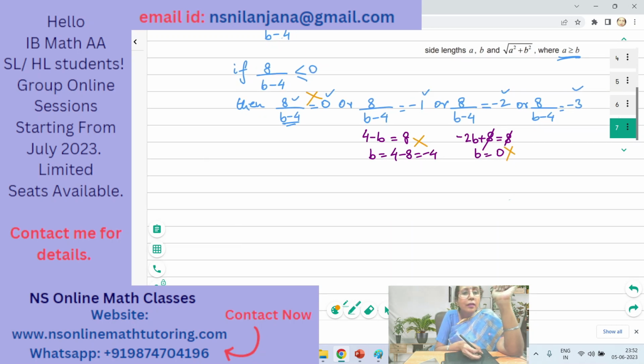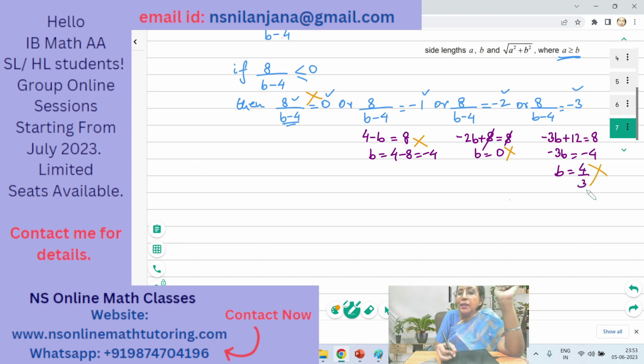And this one, minus 3B plus 12 is equal to 8. So minus 3B is equal to 8 minus 12, which is minus 4. B will be equal to 4 over 3.